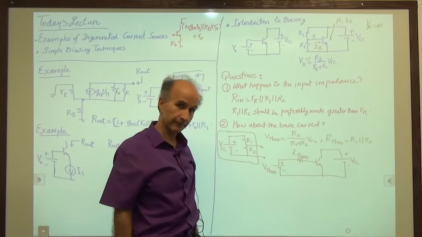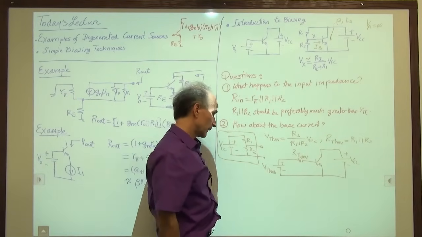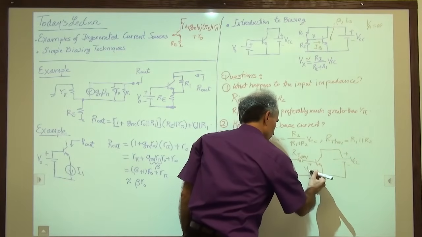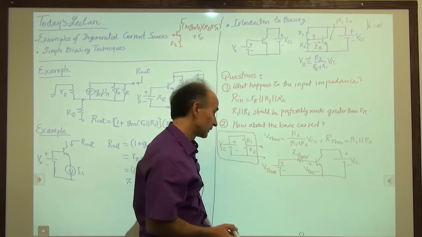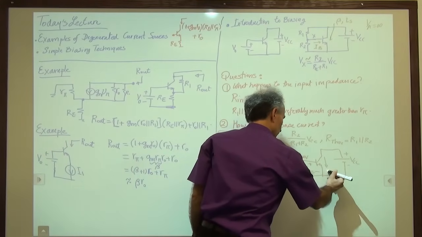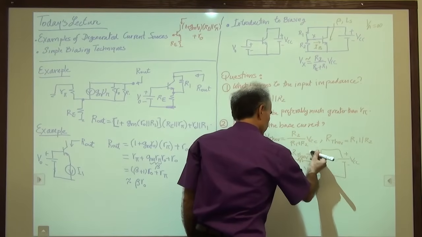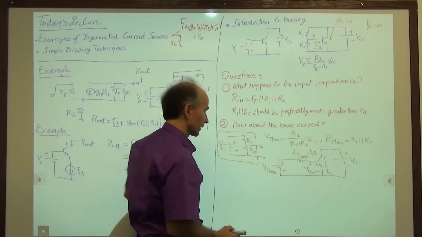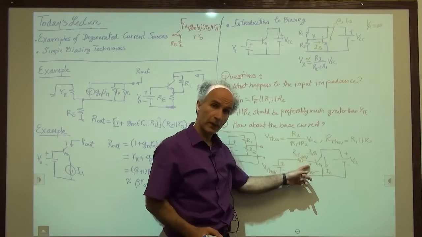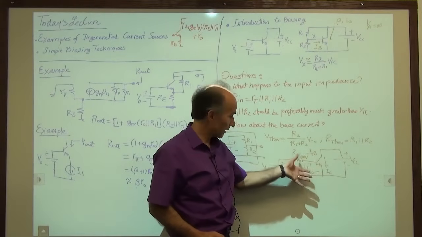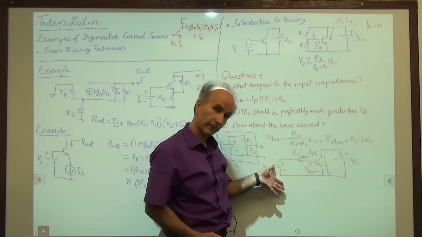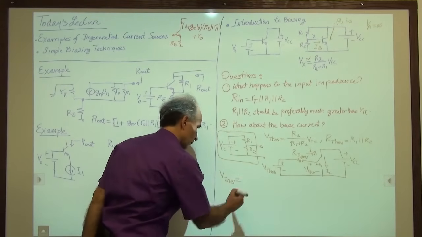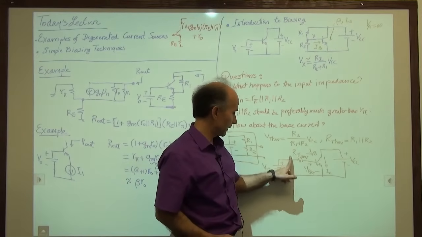So how do we solve the circuit? Well, what we can say is that we have a certain base emitter voltage here, which we don't know yet, and a certain collector current here, which again we don't know yet, and then a base current here. So if I write a KVL in this loop, I say this voltage plus this voltage is equal to this voltage. So let's write it. We have V Thevenin, which we know is equal to this voltage from here to here.